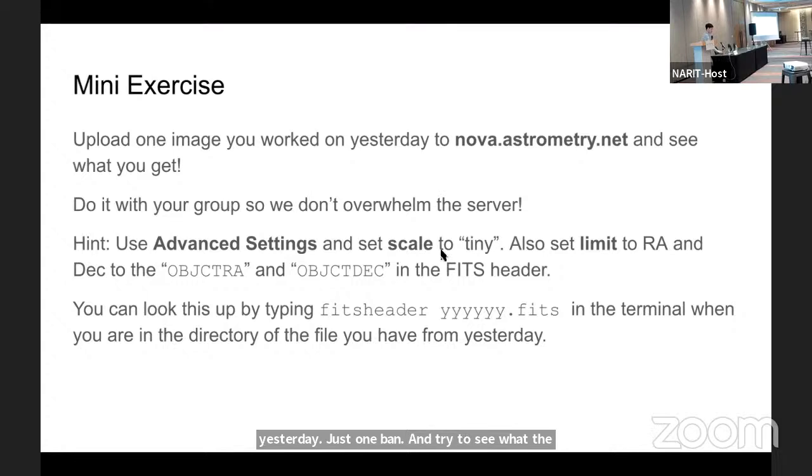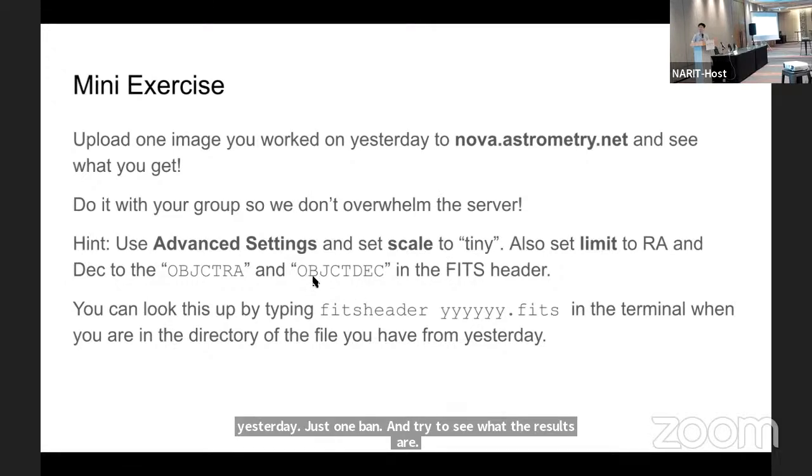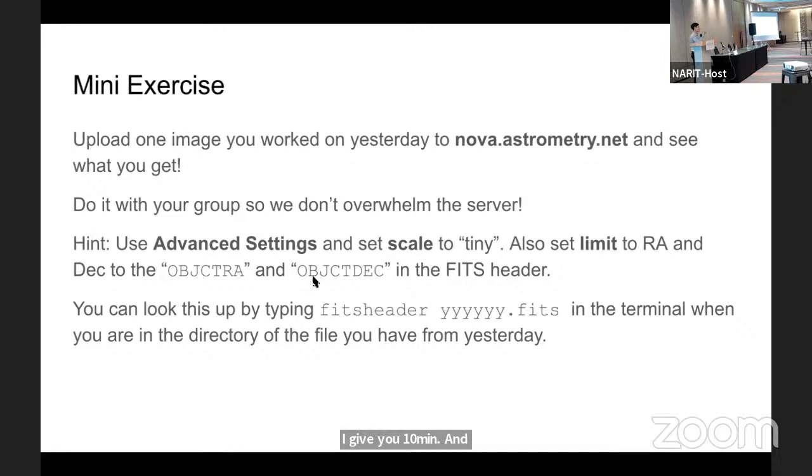I'll give you 10 minutes. And the big hint is use the advanced settings drop down, so you can set the scale to tiny, which is the size of our image, and also set the RA and Dec. And you can use the initial guesses from the FITS header.